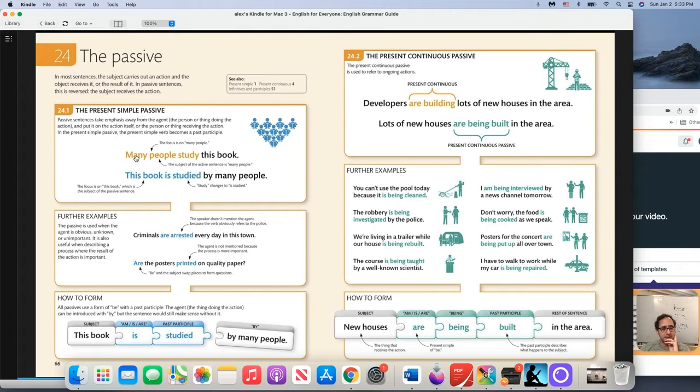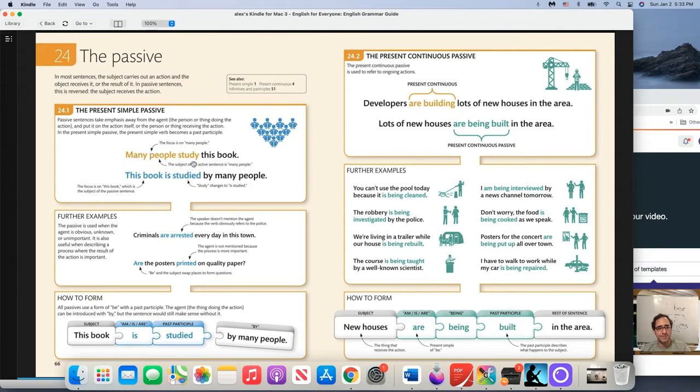So let's look down here. Many people study this book. This is the subject, many people. What do they study? This book. The direct object of the action by the subject is this book. In passive, we're going to switch it around. This book is studied. Notice this book, which is the direct object, goes to the front.